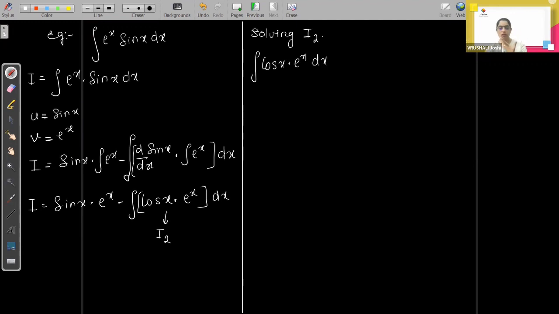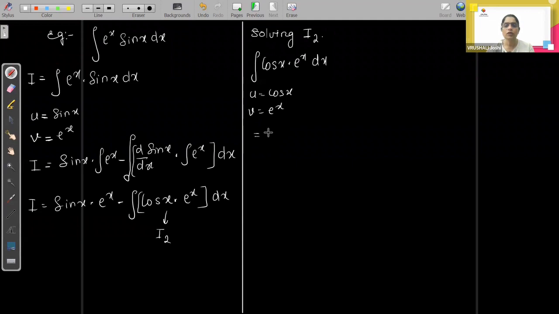Our first function is going to be our u. Our u is going to be cos x and v will be e to the power x. Correct? I hope everybody is getting what we're doing here. Now let's start. We use the formula directly.